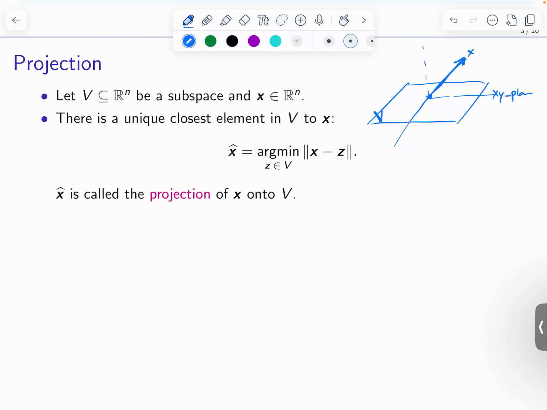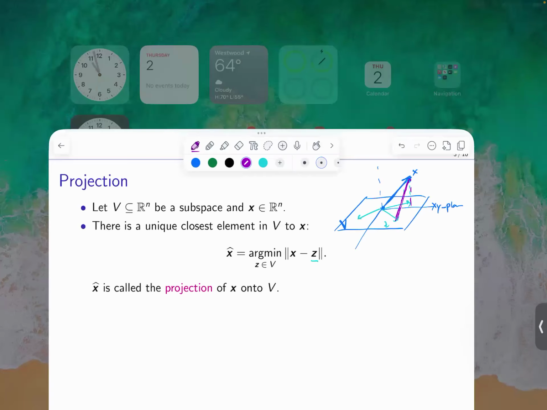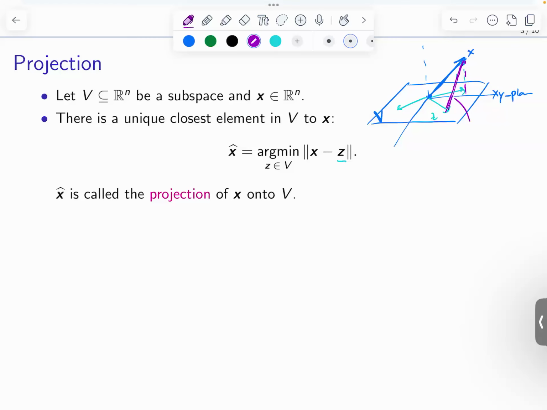So this z here is a dummy variable. I'm going to look at all possible z's in V and then look at the distance between z and x. The distance is the norm of x minus z, which is the length between the endpoints of x and z.